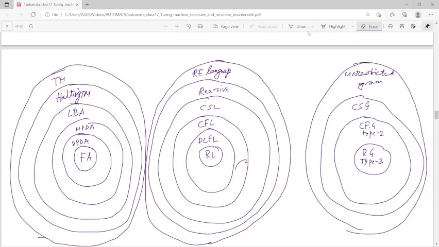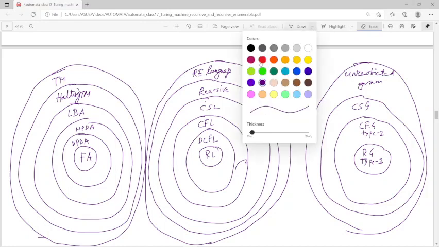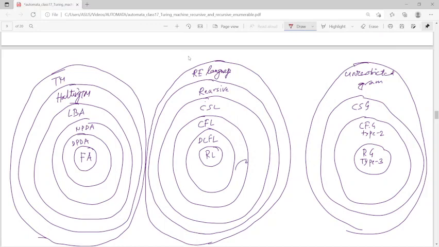So the thing is that in that particular case, this finite automata part is equivalent to regular language, and this language is generated by the grammar, regular grammar. Similarly, that would be CFL, and that is under CFG, right?